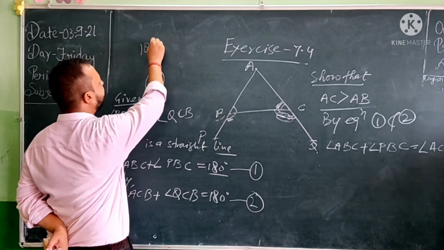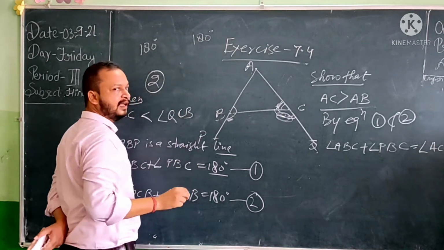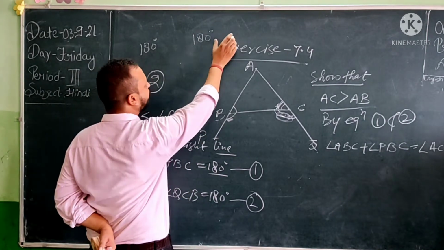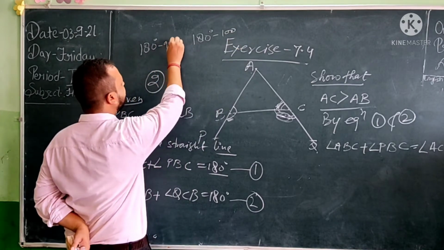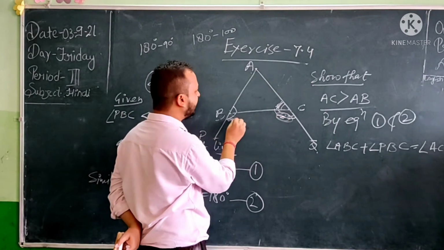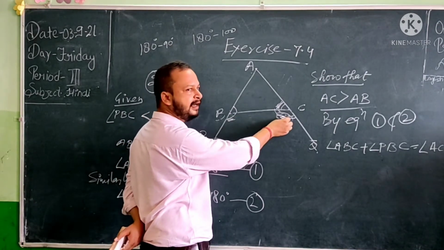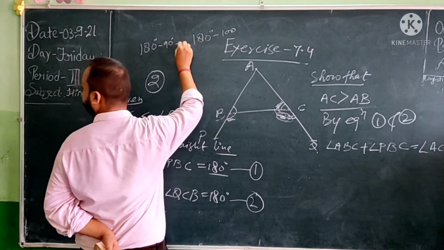Here 180 is given and here also 180 is given, right? And this part here is bigger. Suppose this angle is 100 degrees and this angle is 90 degrees. This angle is greater than this angle, so we have taken 100 and 90.